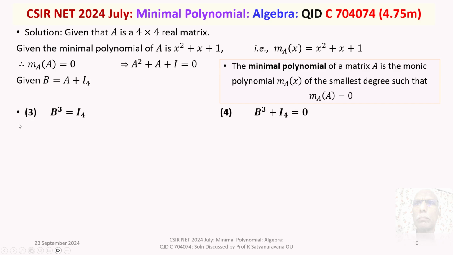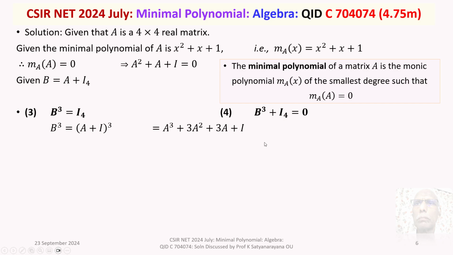Let us now talk about option 3, B cube is equal to I, and option 4, B cube plus I is equal to 0. So we have B is equal to A plus I, so B cube will be A plus I whole cube. That will be A cube plus 3A square plus 3A plus I, because I and A commute.